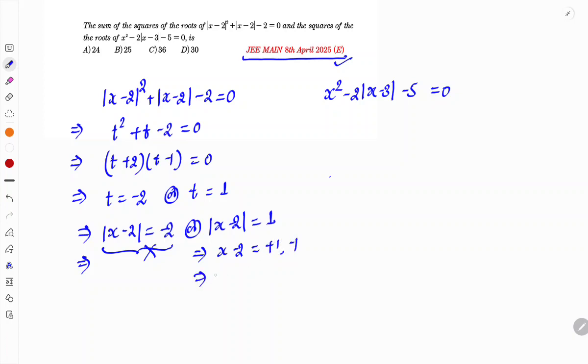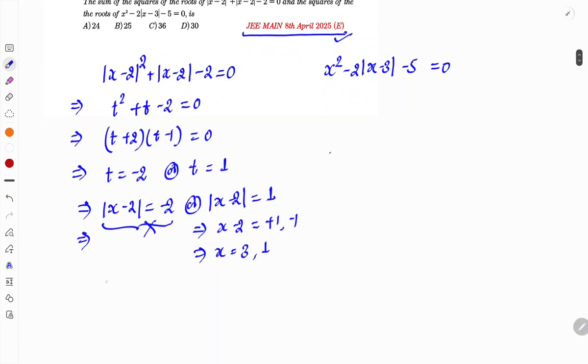If it is +1, then x = 3. If it is -1, then x = 1. Clear to everyone? So the sum of squares of roots: 3 is one root, its square is 9; 1 is another root, its square is 1; so it is 10.